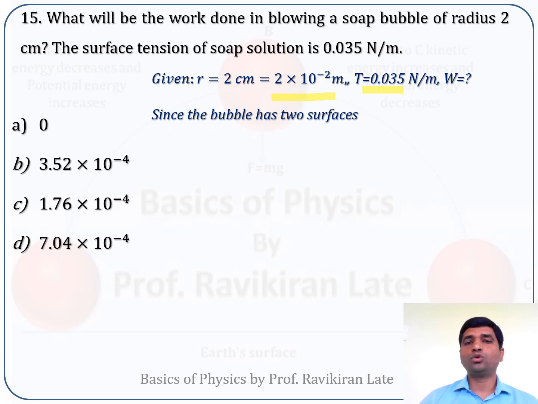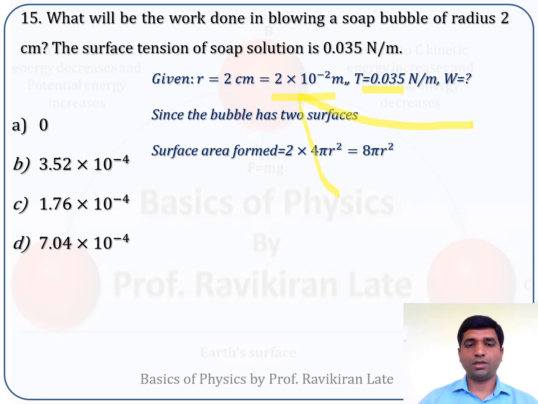Now when the soap bubble is blown, extra area is created. The extra area which is formed during this process will be 4 pi r square, but as the bubble has two surfaces, its area will be 2 multiplied by 4 pi r square, which is coming out to be 8 pi r square.